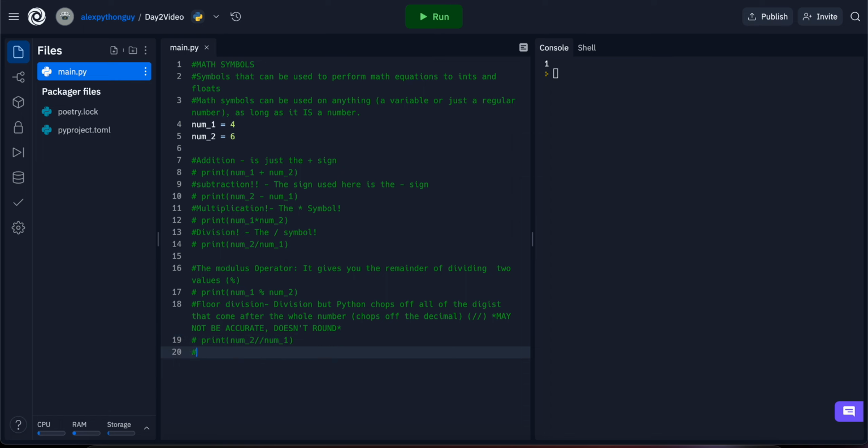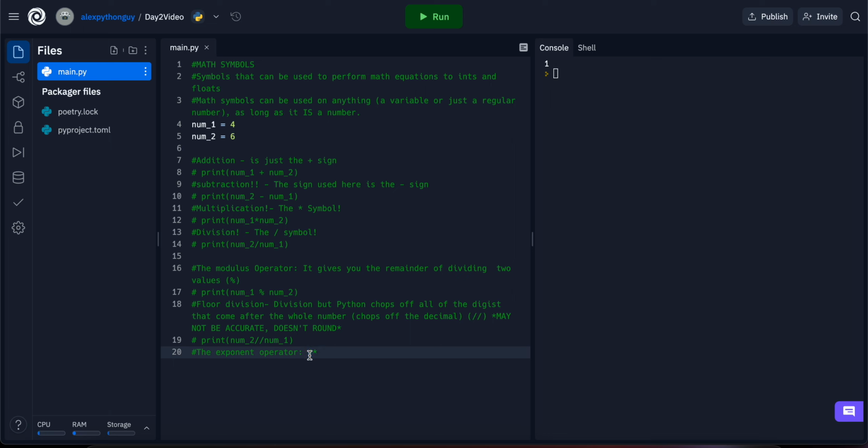Okay, now let's do the exponent operator. You might be thinking, oh, but Prosy, that's just that little caret thingy. Well, it's different in Python. It's 2 of the multiplication signs.